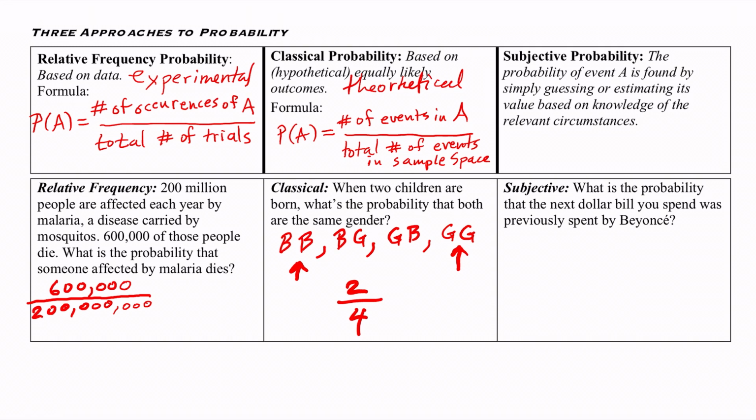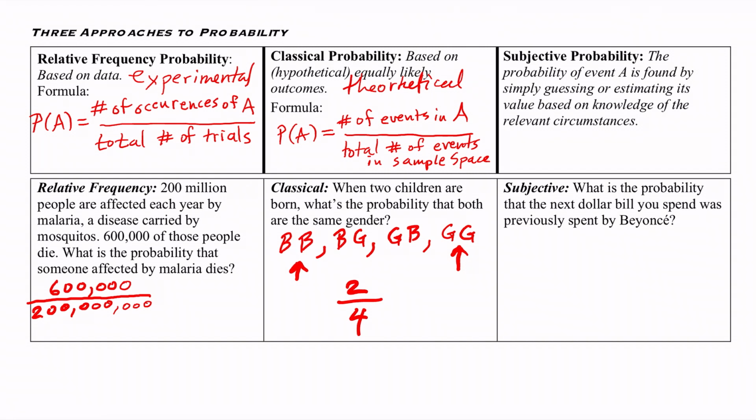Subjective probability is determined by making a guess. In most cases, there is no way of computing these kinds of probabilities. Usually we have no way of knowing whether our guess is accurate or completely wrong.